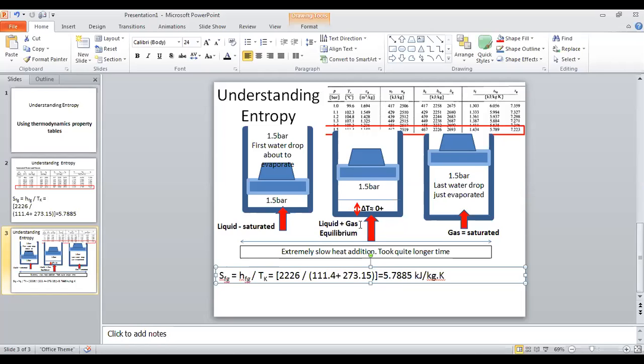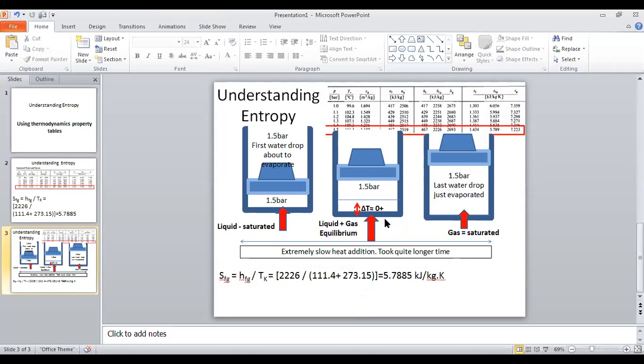So this is the laboratory-scale experiment, and the data gathered from it are found in this table. Here you can see the heat addition, where F means fluid, liquid, turning to gas.